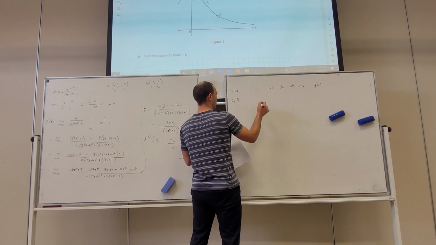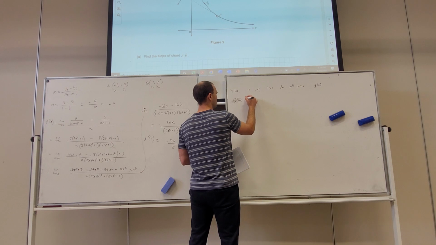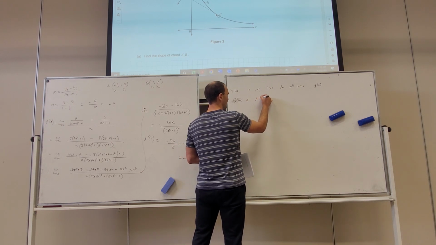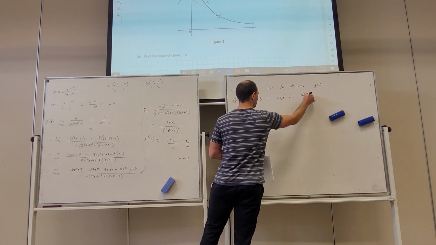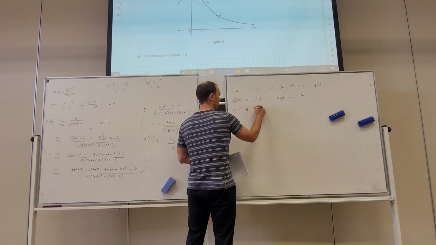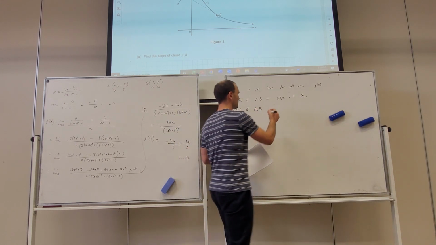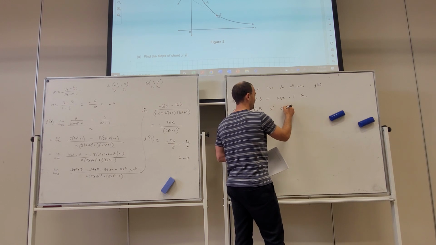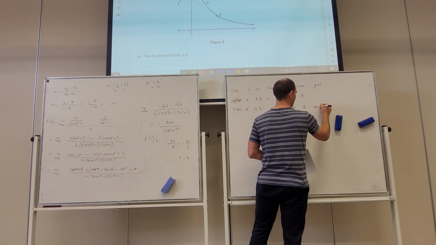So how can we write that? Slope of A1B equals slope at B. Slope of A2B does not equal slope at B, despite being closer.